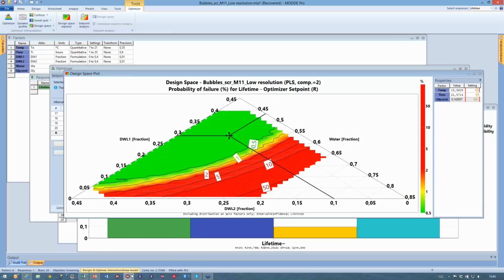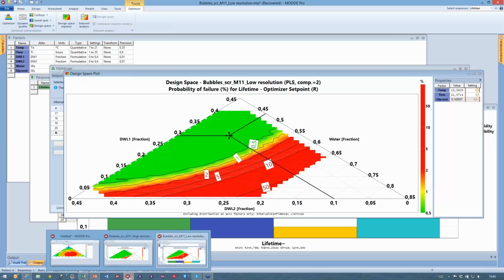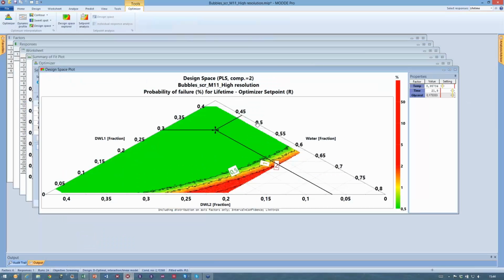But it is of course possible to run on a much higher resolution, and I have prepared such a plot, and you can then see how much smoother the borders of the colored area are. So this was running using a much higher resolution, but then the calculations took like 30 minutes or so. But like a good chef, I have prepared this, so you can obtain smoother results if you do more rigorous calculations at the end.